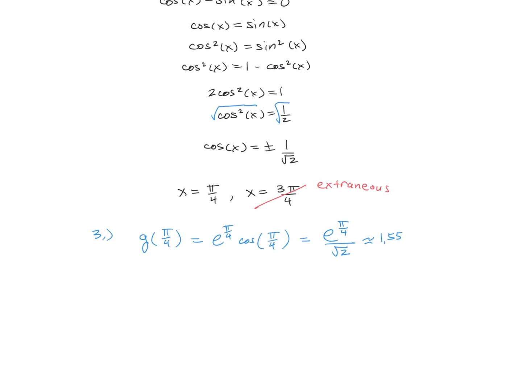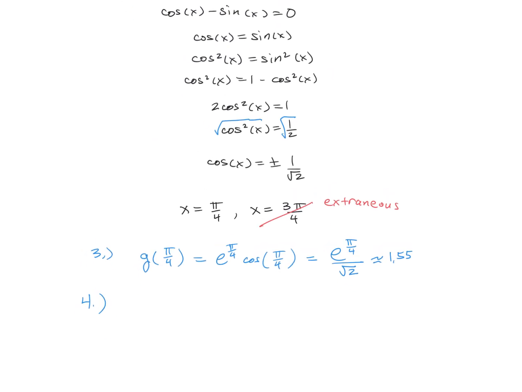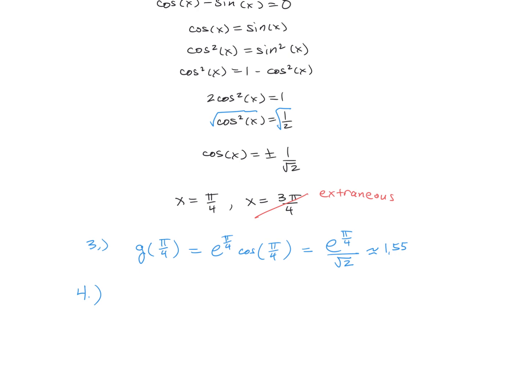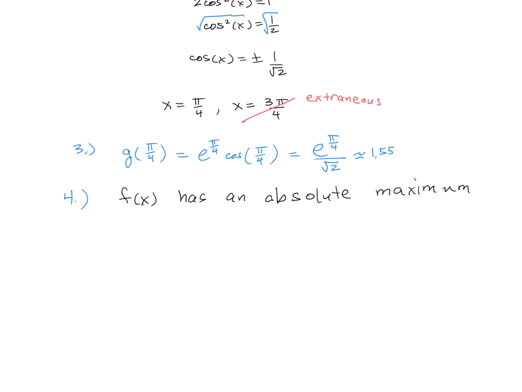So step 4 again, just to recap, is where we look at the absolute largest and the absolute smallest to name our answer. And between a positive 1 and a 1.55, we know that 1.55 is larger. So g of x has an absolute maximum at the point pi over 4, e to the pi over 4 divided by square root 2.